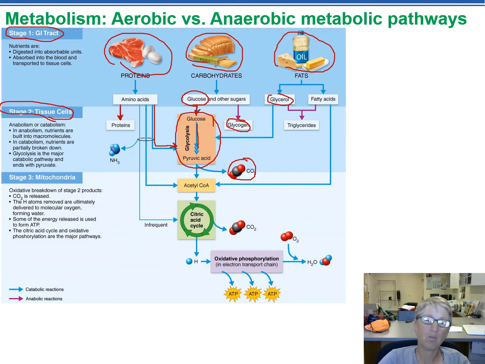If oxygen is present, you can continue breaking down the glucose molecule, C6H12O6, goes to this linker step of acetyl-CoA, and then the pieces of the glucose molecule that are left can go into this thing called the citric acid cycle, where more carbon dioxide is released, and then products from glycolysis and the citric acid cycle can go into this process called the electron transport chain, where you do this thing called oxidative phosphorylation.